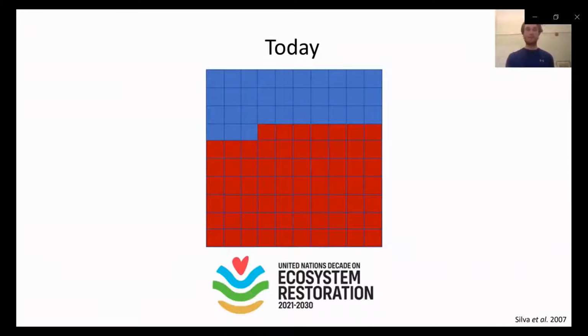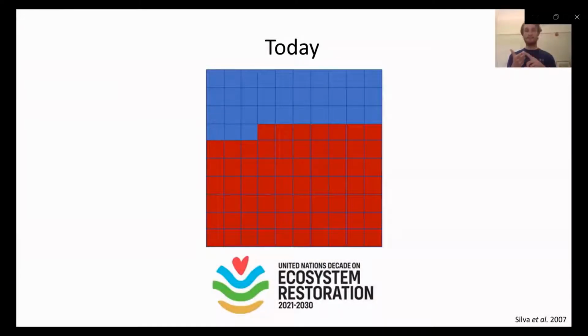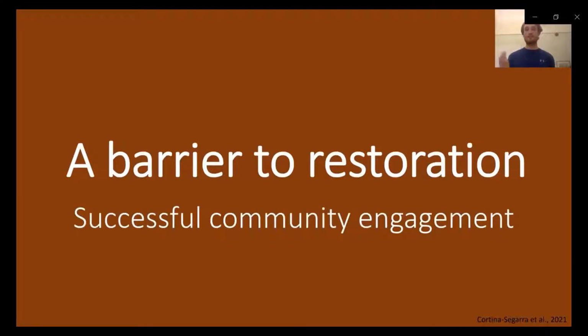Now, if we want to restore these wetlands, for example, our European wetlands, one obvious question is, how do we do so? And there are many aspects to this. There is understanding the ecology and other natural sciences. There is understanding the legal framework, understanding the financial aspects. But one particular barrier to restoration that keeps coming back in expert surveys and literature in general is to successfully engage the community, to collaborate with people and get their support, people that are relevant to these ecosystems, that have a stake in it somehow.